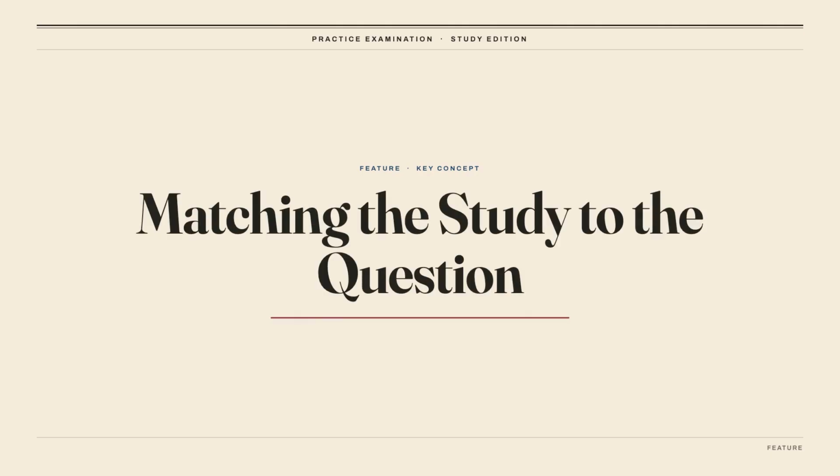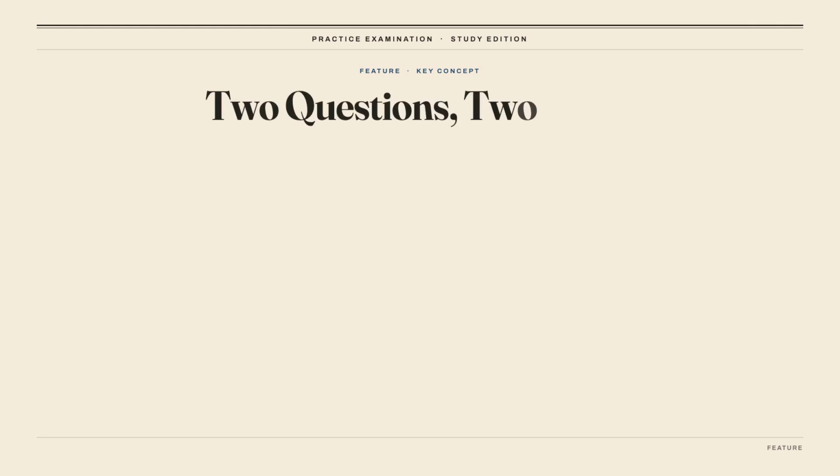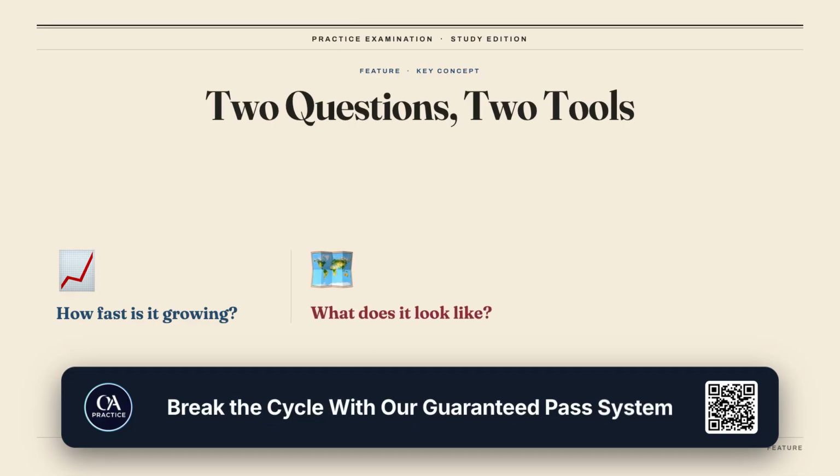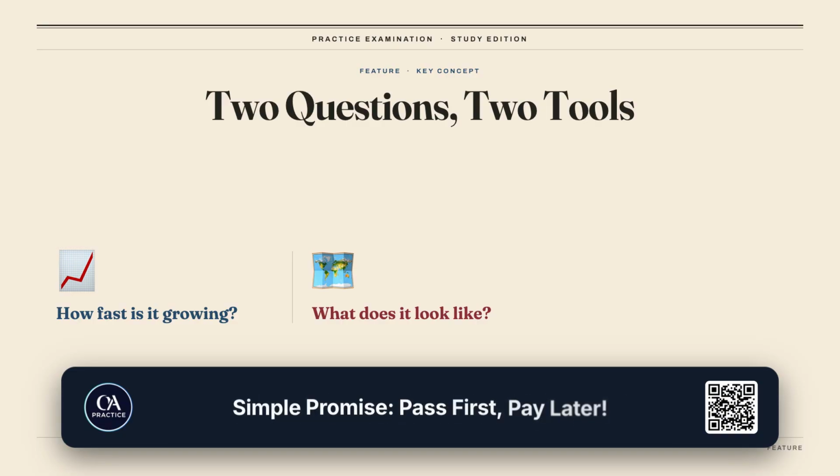An abdominal aortic aneurysm raises two very different questions over its lifetime, and each one demands its own test. Confusing which study answers which question is one of the most common mistakes on this topic. The surveillance question, how fast is this growing, is asked repeatedly over years in a patient who feels fine, and it's answered by ultrasound.